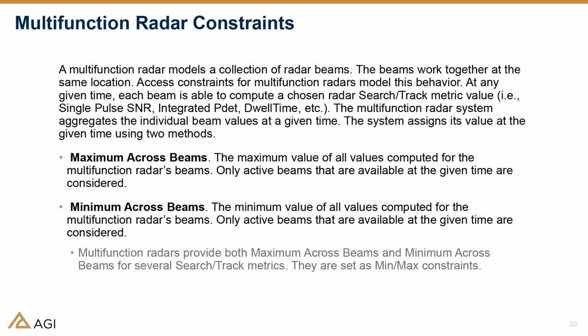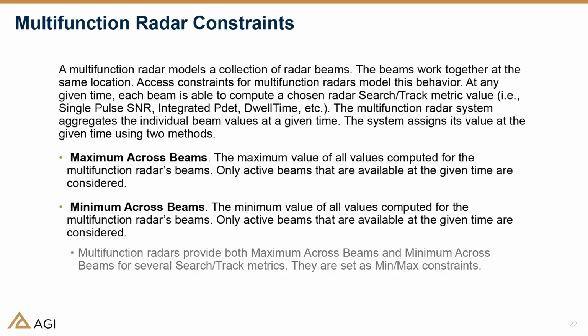We also know that not all radars will be able to see everything, or that maybe there are some tolerances that you would want to confirm and put on as constraints. So the constraints within a multifunction radar work almost in a global sense for the entire multifunction radar. For example, we can have constraint metrics such as single pulse SNR, integrated PDET, dwell time, and things of that nature.